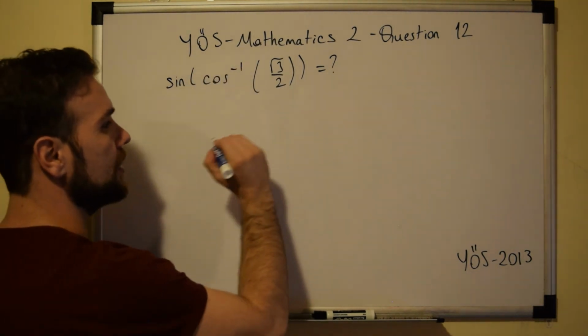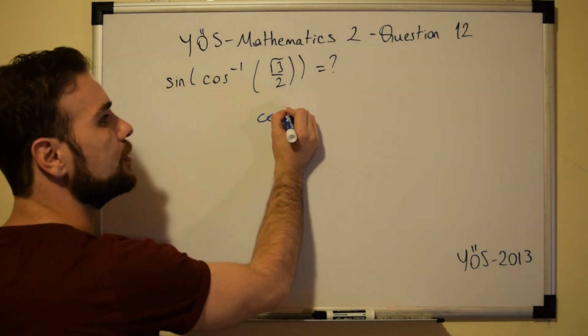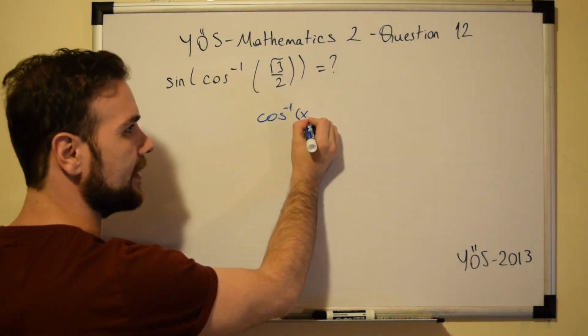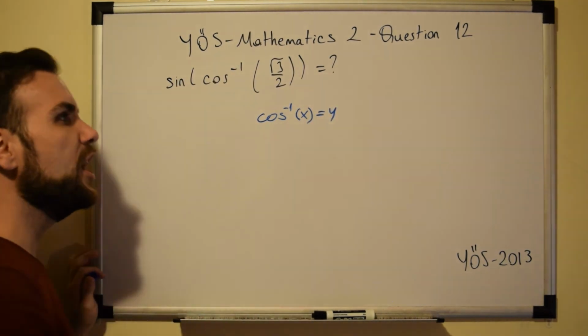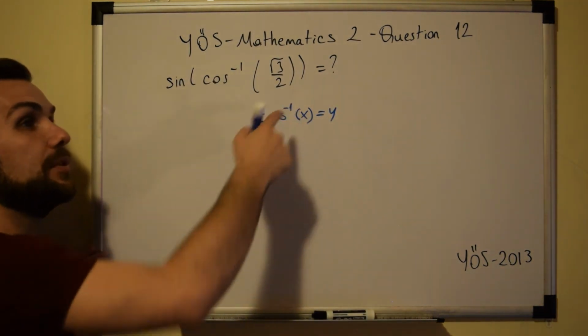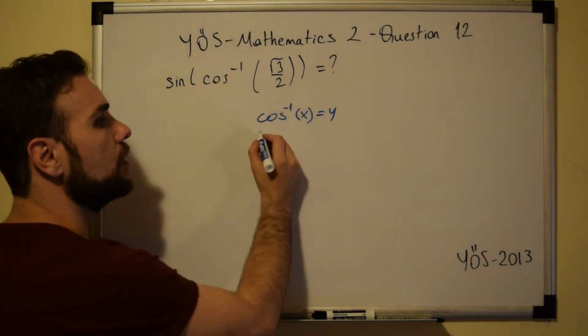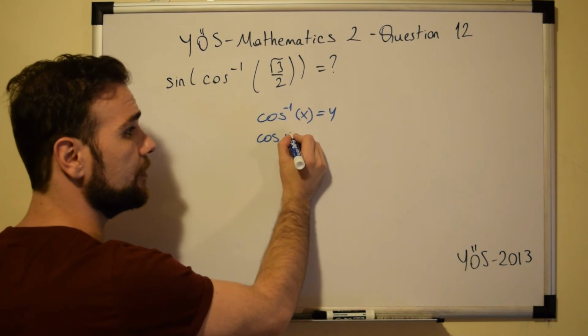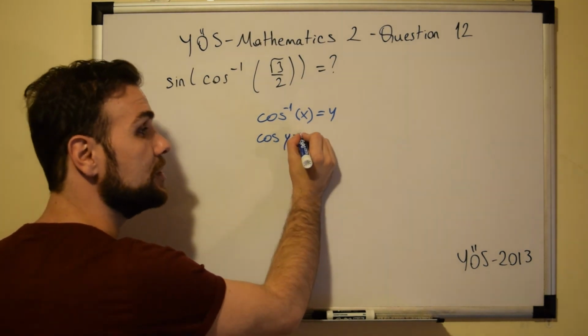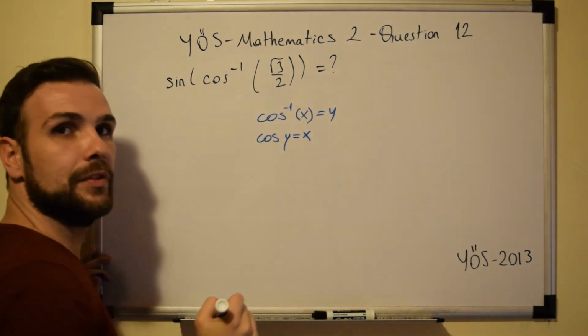You have to know something. If we have cosine to the power of minus 1 of x, and I set it equal to y, for example, what is going to be its reverse? Its reverse will always be cosine of y, which equals x. So what do we see?